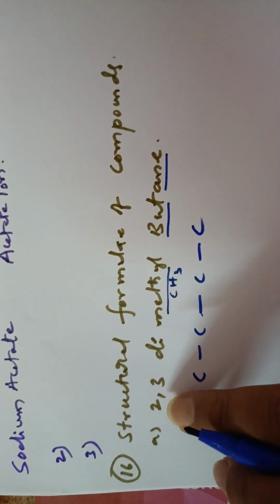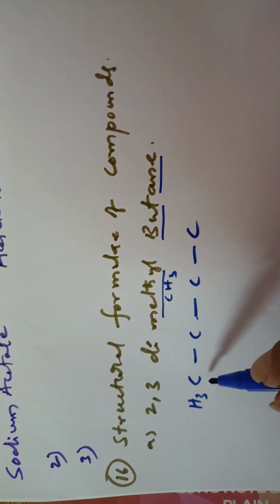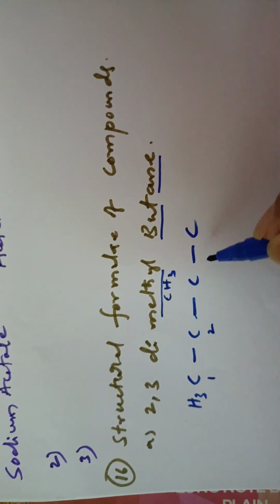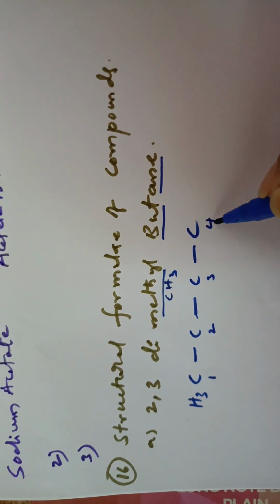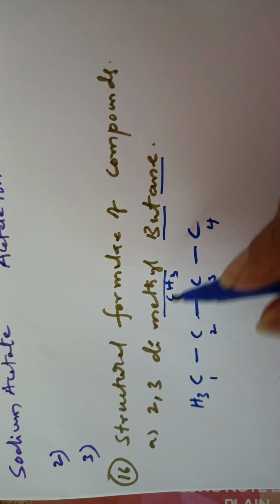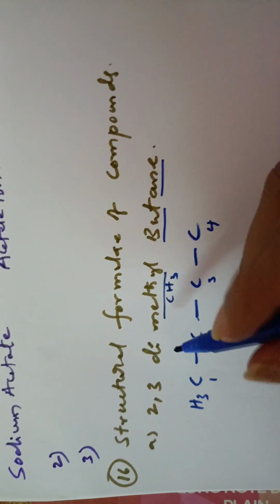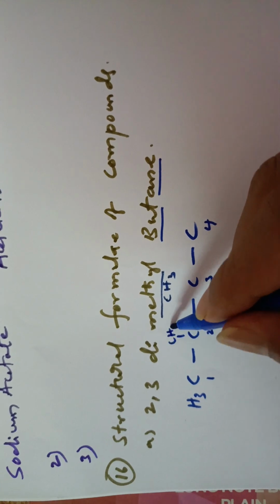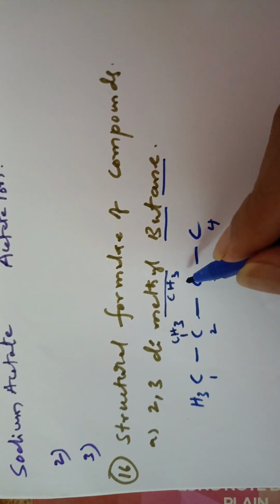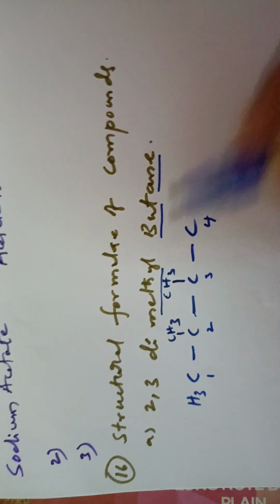Here what is the position? 2, 3. Suppose you give numbers 1, 2, 3, 4; at the second carbon and third carbon these methyl groups are there. So at the second carbon, one methyl group, and at the third carbon, already I have written here, so I connect to this simply.